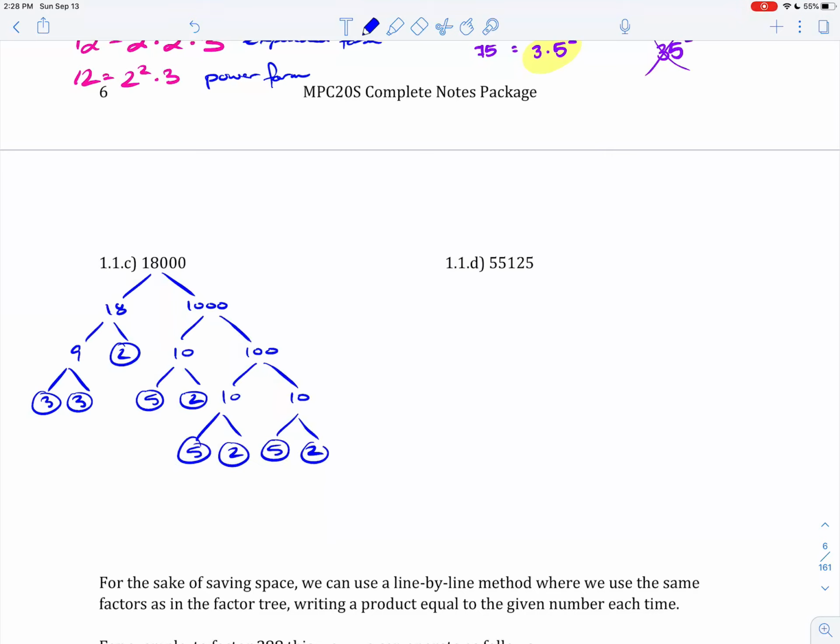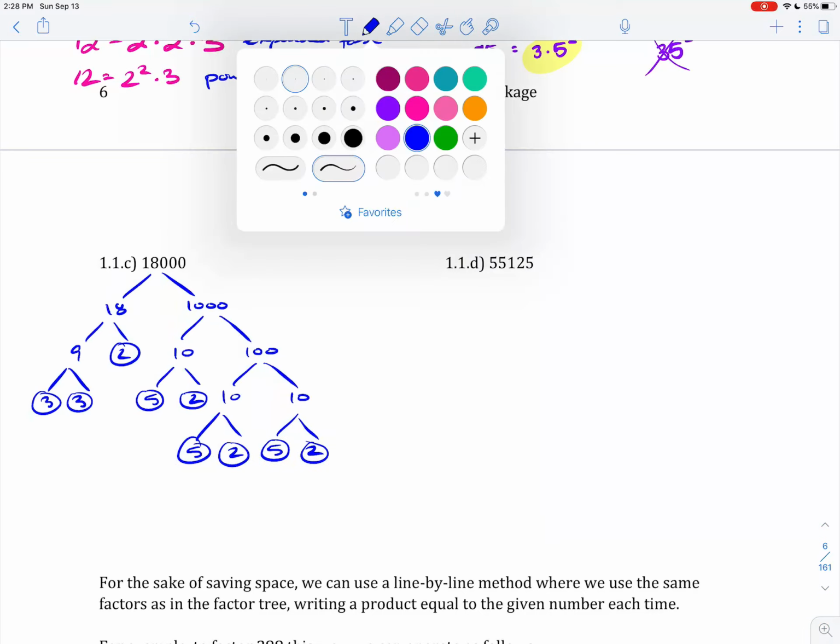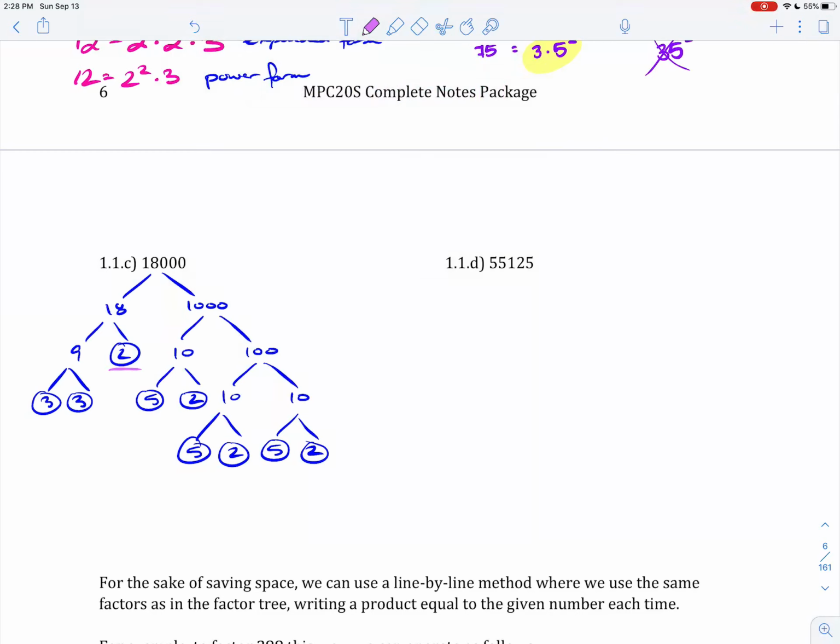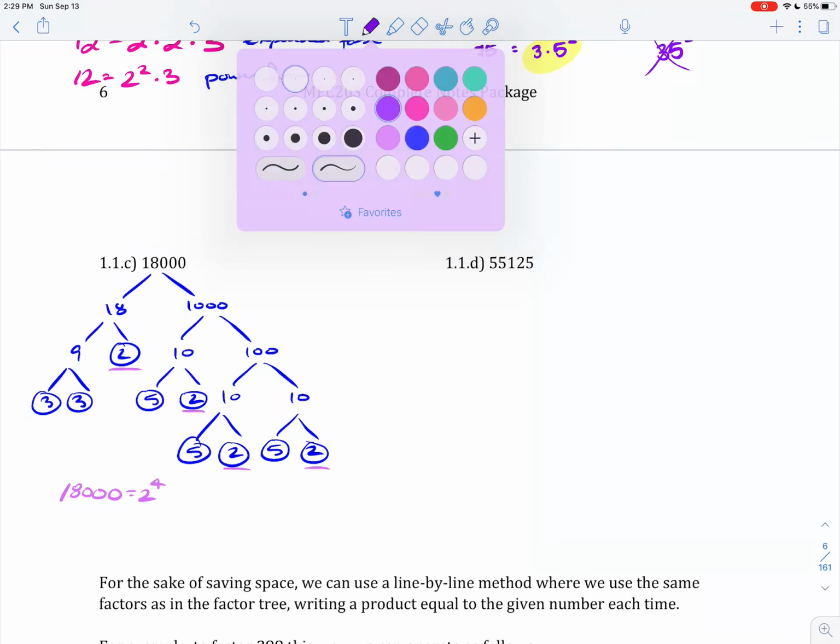Those are done. Let's figure out what I've got here. For 2s, I've got this one, this one, this one, this one. So I've got like 4 2s. And I've got how many 3s?